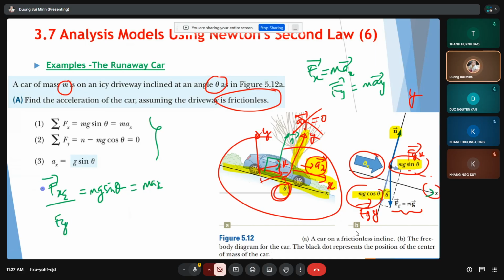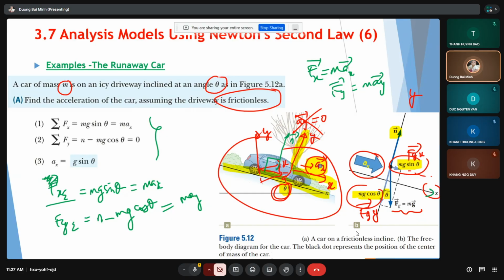So now we need to resolve the vectors. Fy total is what? It is N, which is in the same direction as y, minus mg cosine theta, equals m a_y.